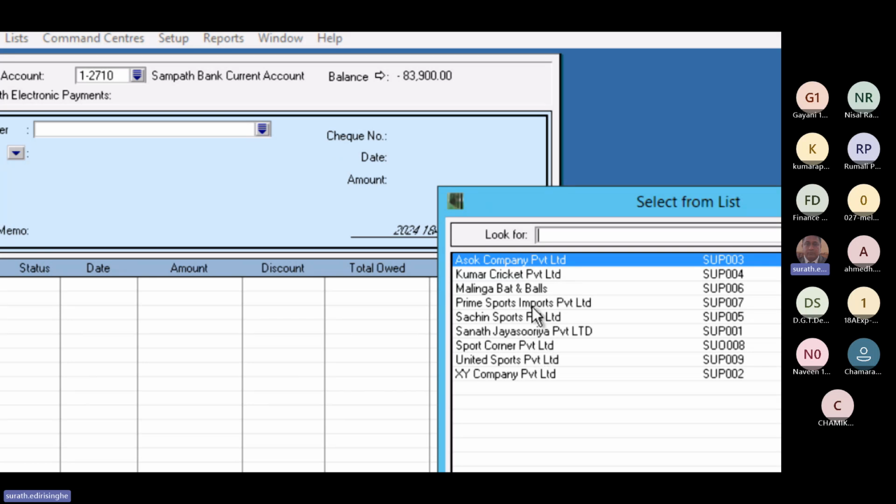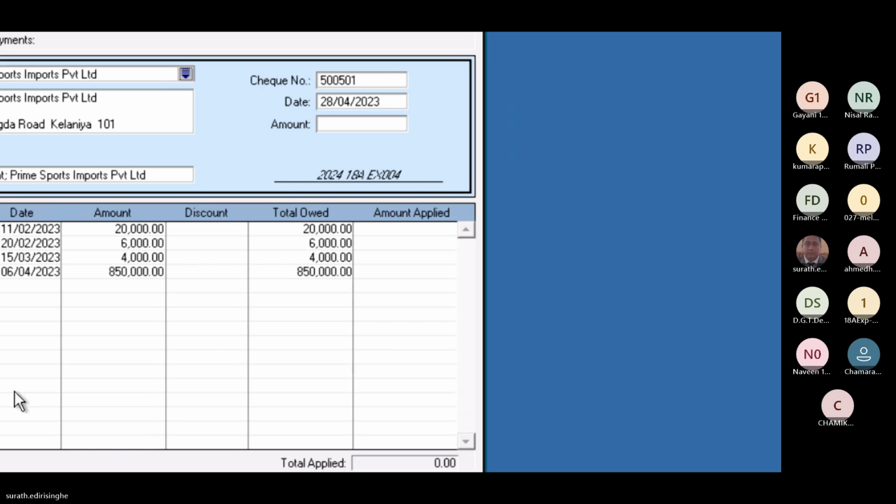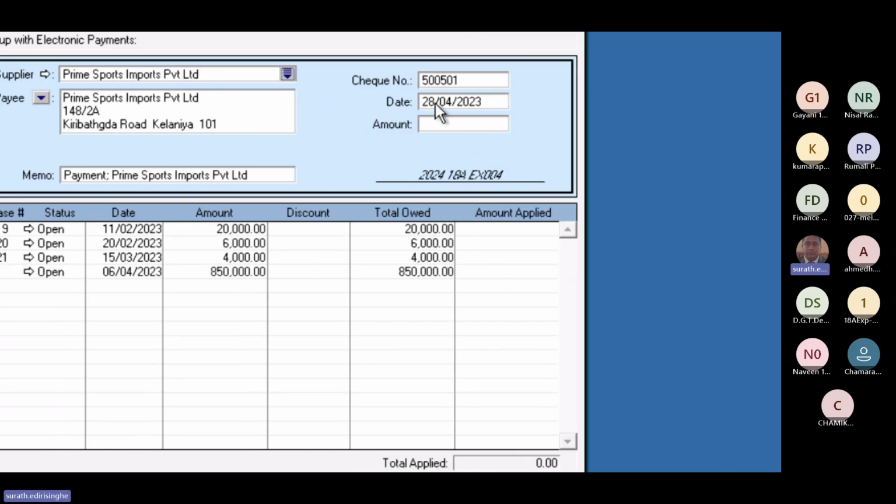Prime Spot. 850. Change the date to April 25th. We are assuming that you paid the bill on April 25th. Then click in front of this amount, 850,000, or a part payment can be made. Click on this amount, tab.